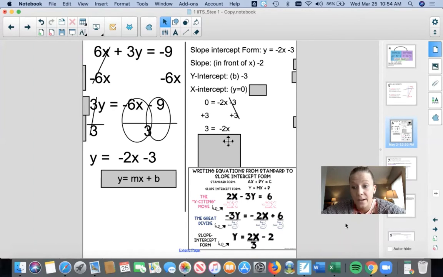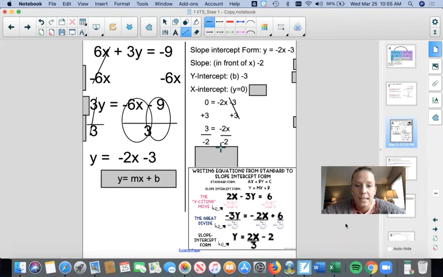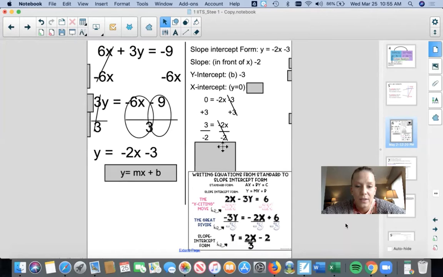So I need to divide both sides by -2, causing it to cancel out, getting my x by itself. So my final x value is -3 halves, or -3/2. That is my x-intercept.